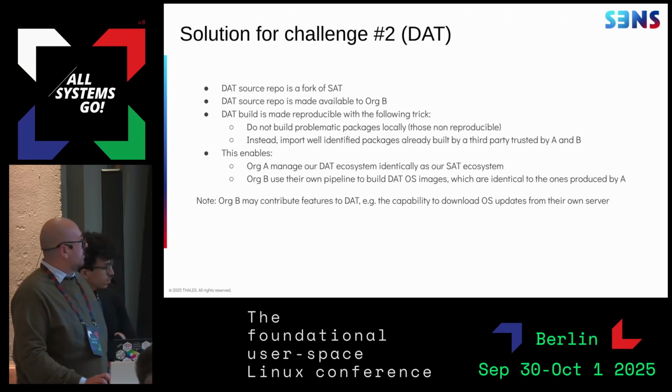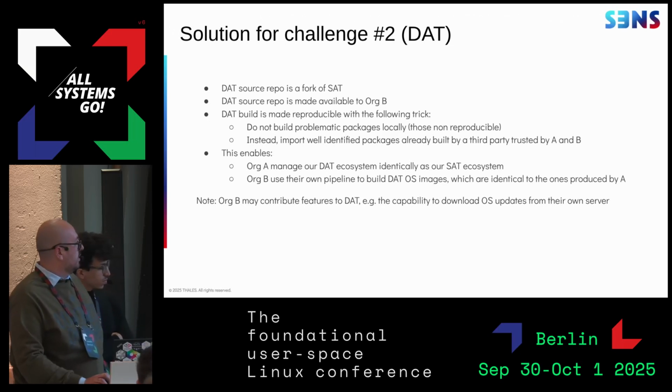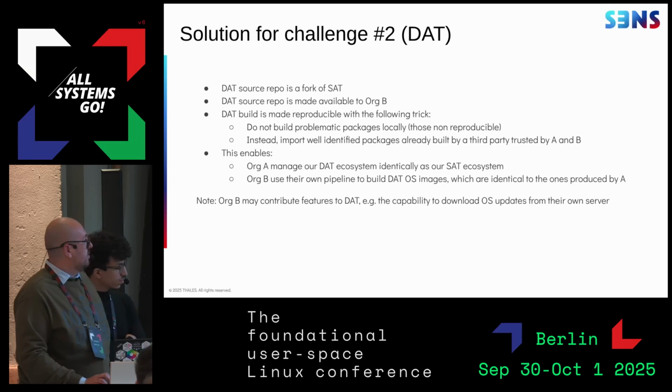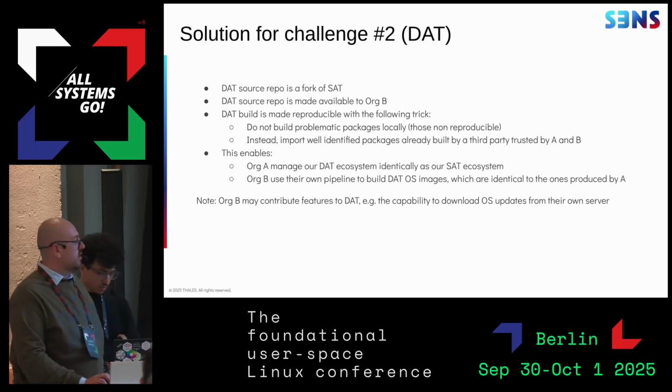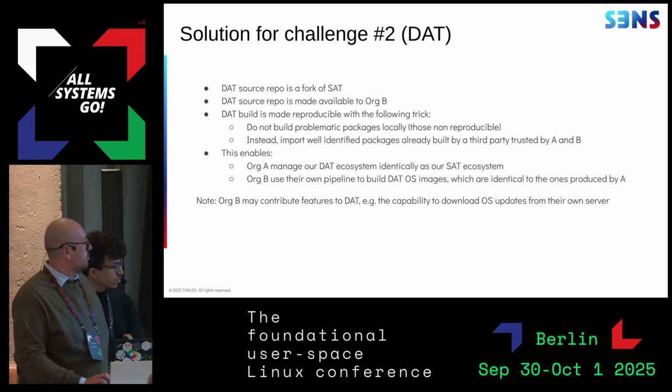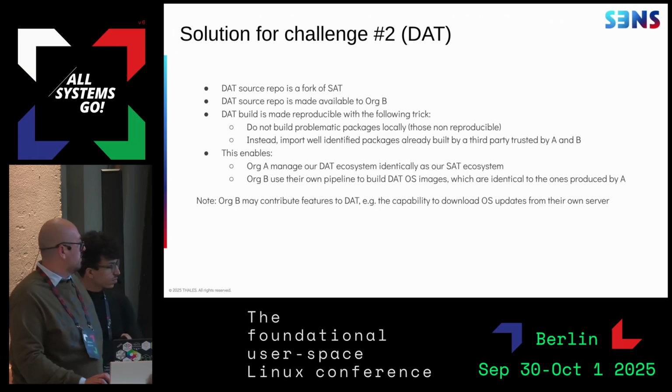Org B needs to rebuild this image, have the capacity to rebuild the image, so we don't need to introduce non-reproducible packages. And if a package is not trusted by two organizations, they need a third party trusted by both organizations.